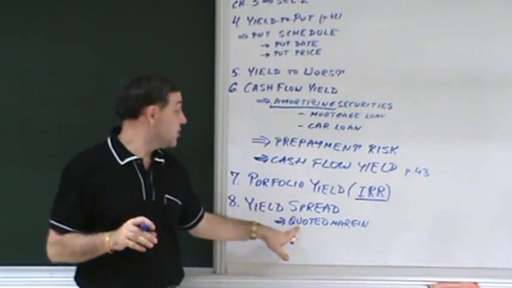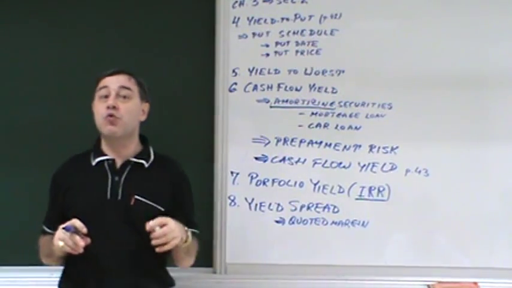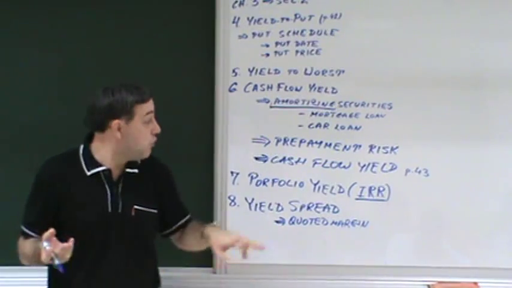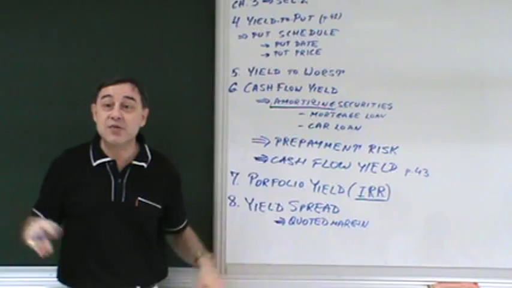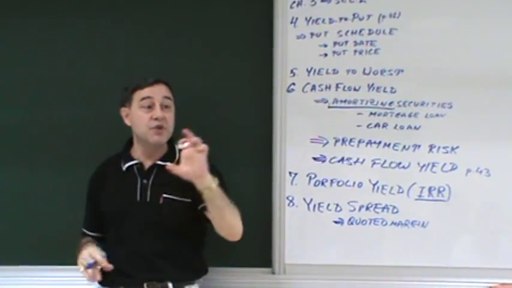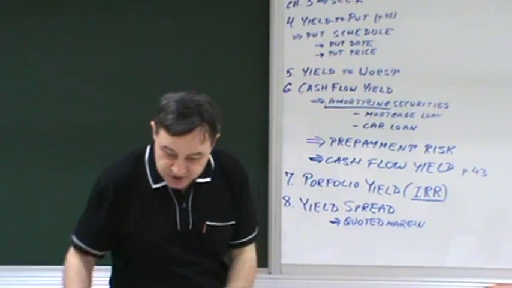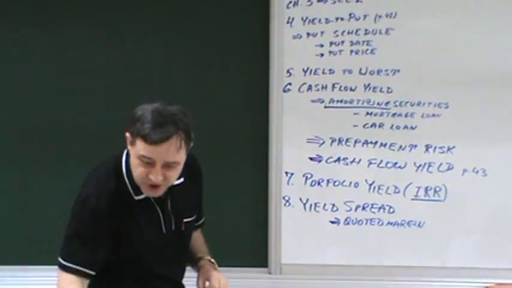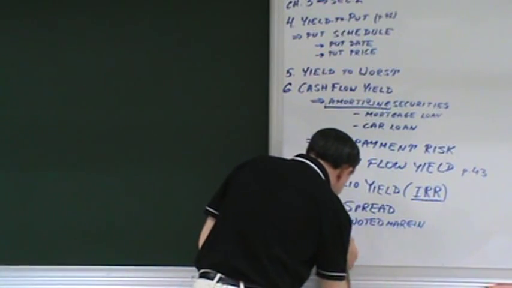So one type of spread is the quoted margin, and the quoted margin stays fixed. It is quoted at 3%, 4%, or 2%, and whatever the benchmark is, it will be above. It's going to float with the benchmark, maybe 2% above the benchmark. So that's one example. Now, there's a whole bunch of others, like spread for life.